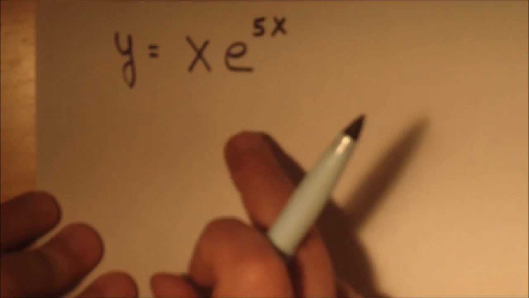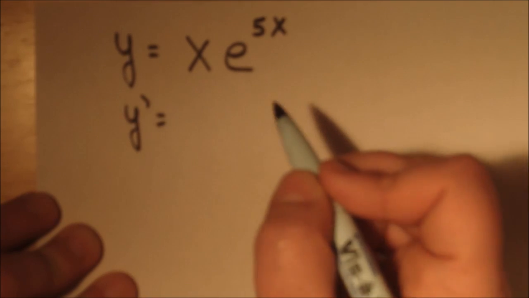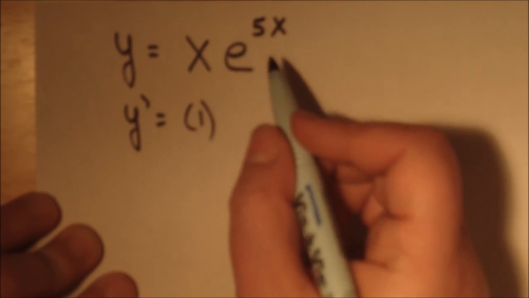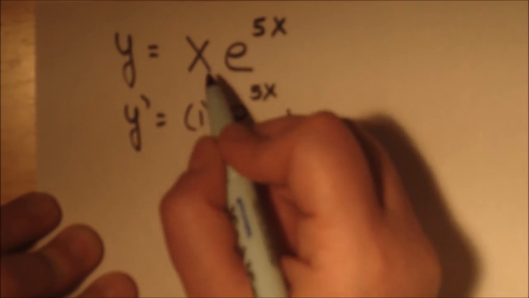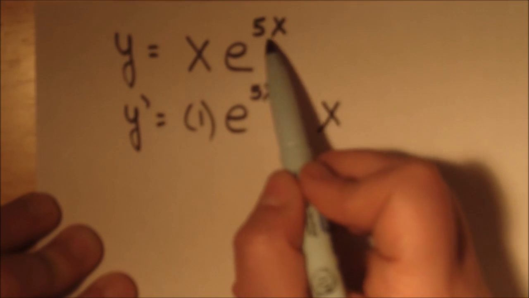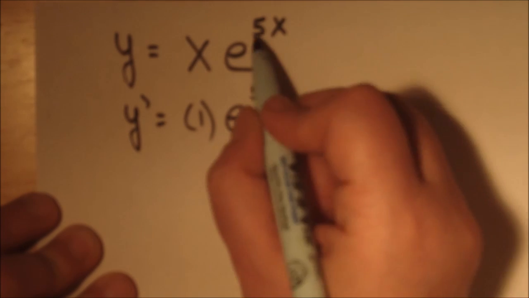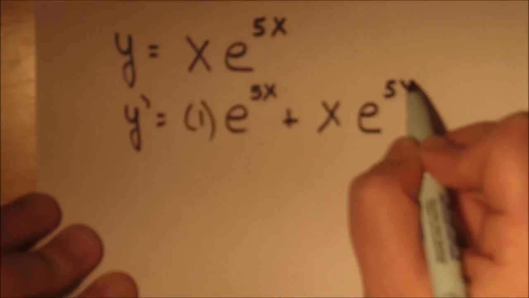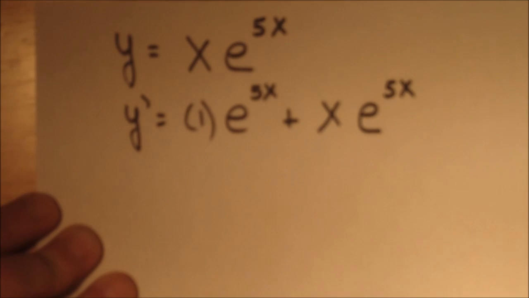All right, so coming back, using the product rule, I would do derivative of the first, so that would be 1, times the second unchanged, plus the first unchanged times the derivative of the second. So when I take the derivative of e to the 5x, right, derivative of e is itself, but then I need to do times the derivative of the inner, right?